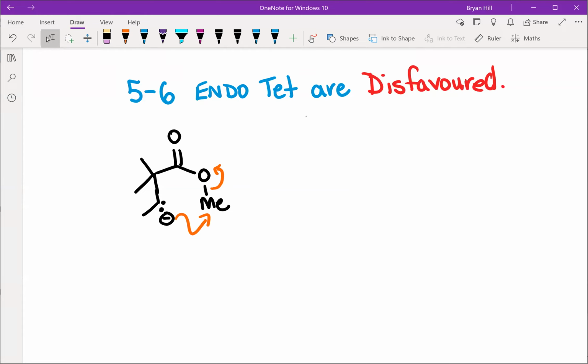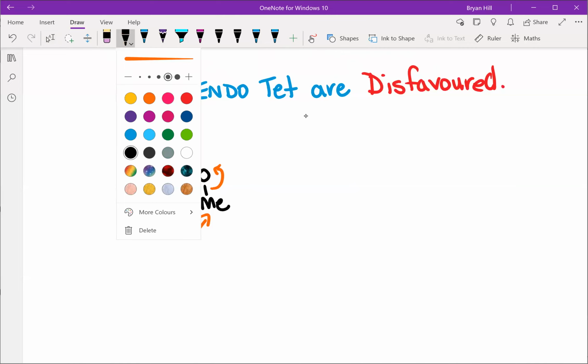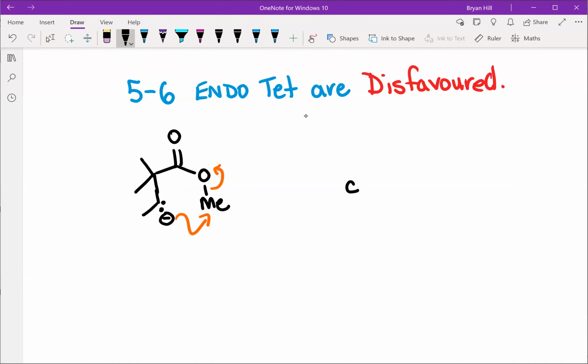It has to do with the fact that if it's a tetrahedral carbon, let's say it's bonded to an oxygen, yeah, let's draw this. 1, 2, 3.